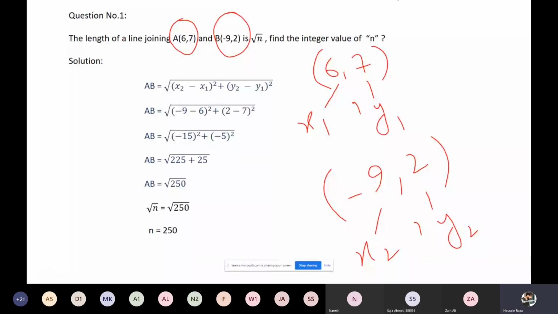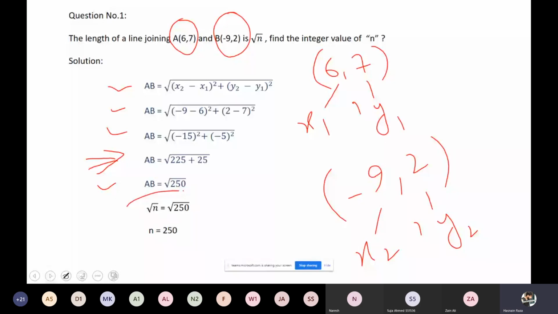After that, we are at this point right now. The square of 15, whether plus 15 or minus 15, is 225, and the square of negative 5 or positive 5 is 25. We have added them. AB equals under root 250, because this is not a perfect square.